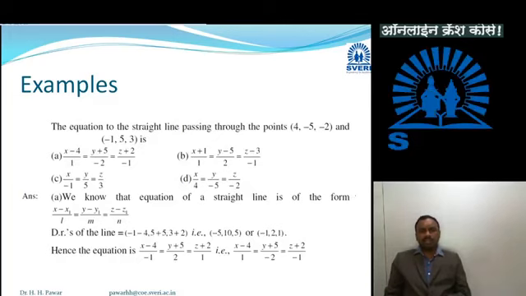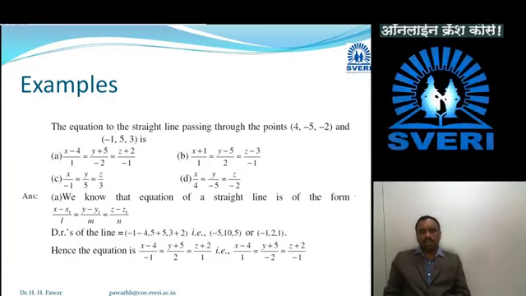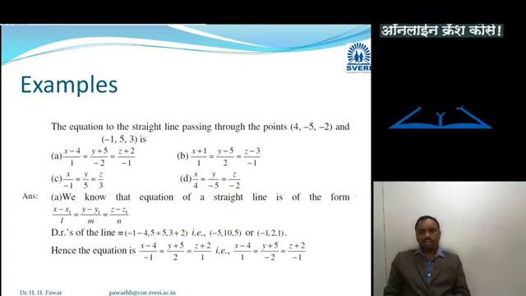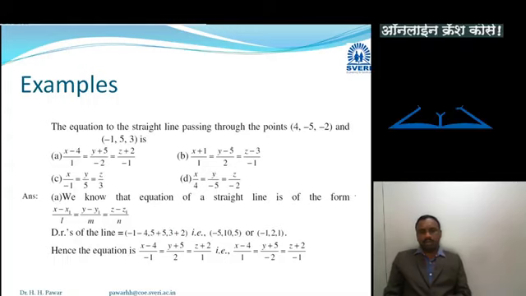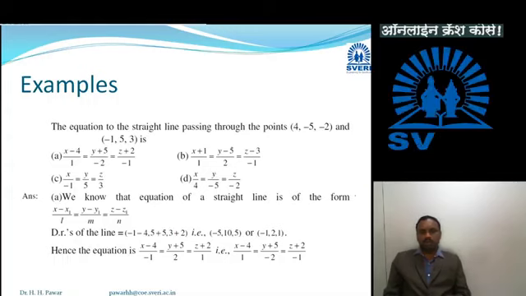Next one is the equation to the straight line passing through the points 4, minus 5, minus 2 and minus 1, 5, 3 is, as we know that equation is in the form x minus x1 upon l, y minus y1 upon m, z minus z1 upon n. Hence its direction ratios are minus 1 minus 4, 5 plus 5, 3 plus 2, that is minus 5, 10, 5.